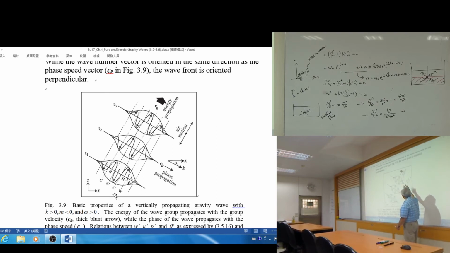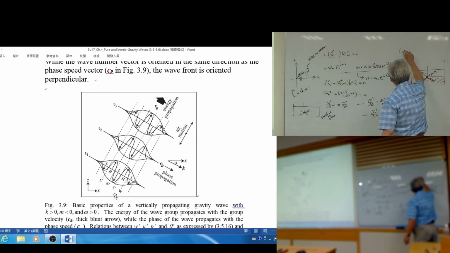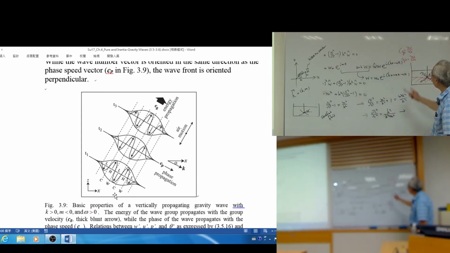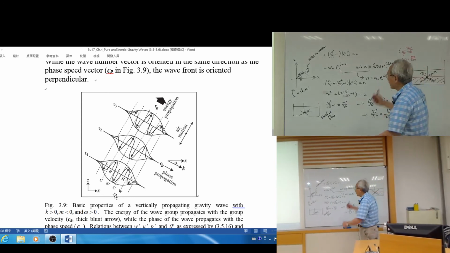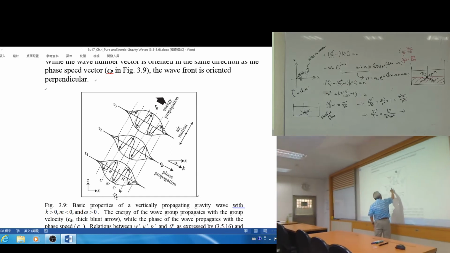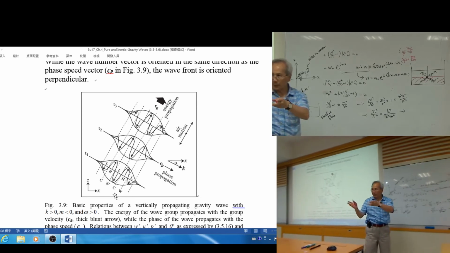And then you can calculate the Cg, because Cg will simply equal omega times k in the x direction, and in the z direction omega times m, and that can determine the direction of Cg. You can calculate Cg based on the dispersion relation.